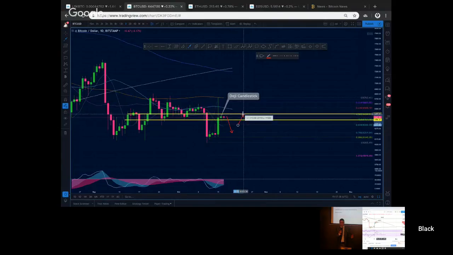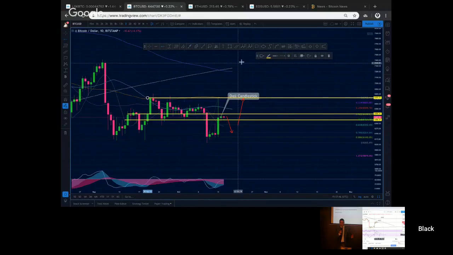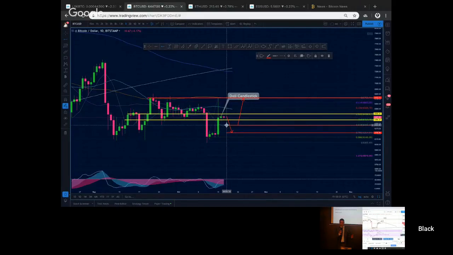But I'm sure that we have very strong resistance right now at the 6,800 level. I will mark it as a red level. This is a very important resistance right now, and important support for Bitstamp at 6,200 and 6,300 levels.